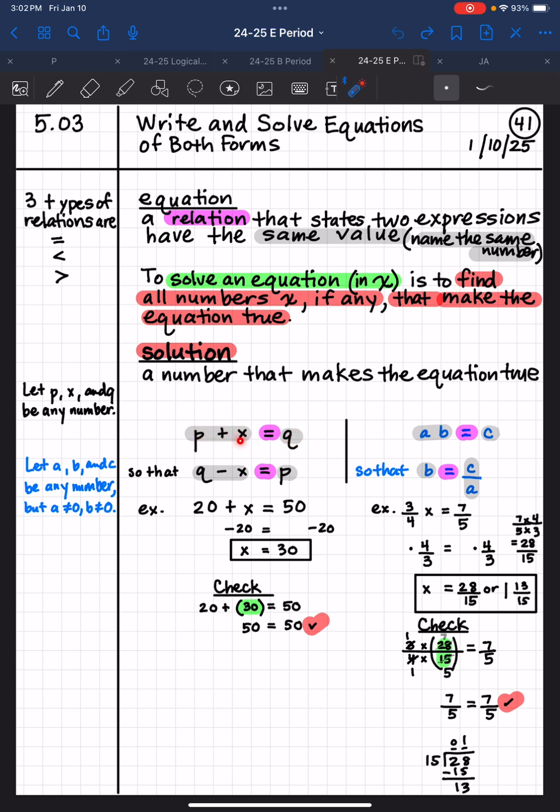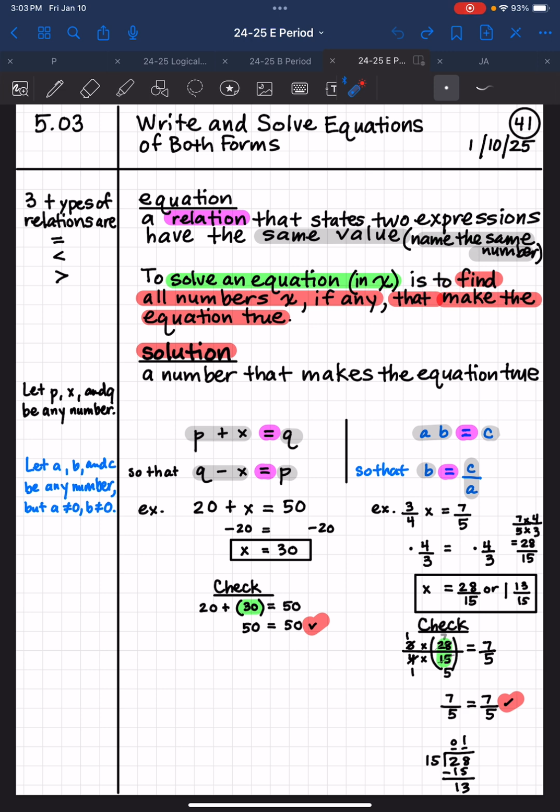So this is an expression, but if I say that this expression is equal to this number, then this entire thing that I've written right here, px plus q, is an equation. To solve an equation, we are going to find a value for the number that is not given to us.